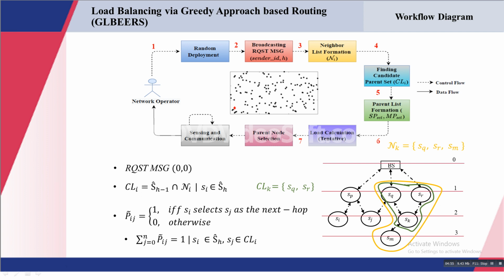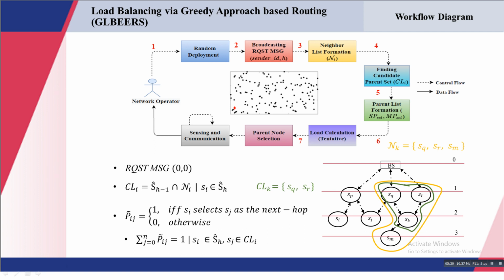While selecting the parent nodes, this equation is maintained: Pij is equal to 1 if Si selects Sj as its next node, otherwise 0, and the summation of Pij over j equals 1, where Si belongs to Sh and Sj belongs to the candidate list of that ith node.